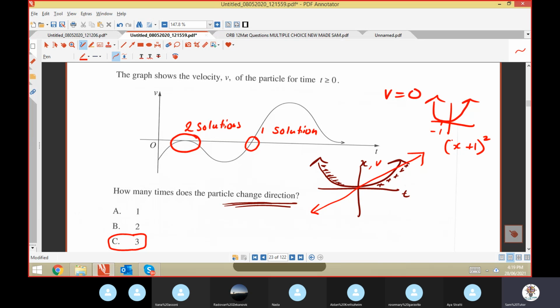But how many solutions do you have? You technically have 2 solutions, which is at -1 and -1. So you can't technically say, but there's only the one time there. It bounces, so therefore there's meant to be two solutions. That's okay. That's why it's a question 10, a little bit harder.